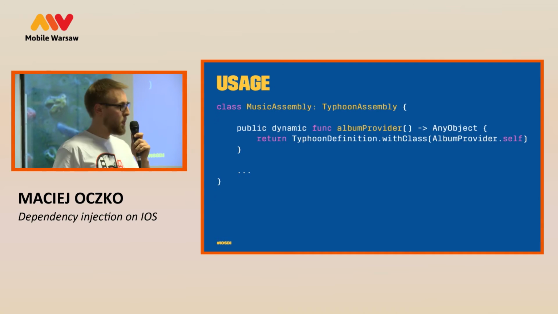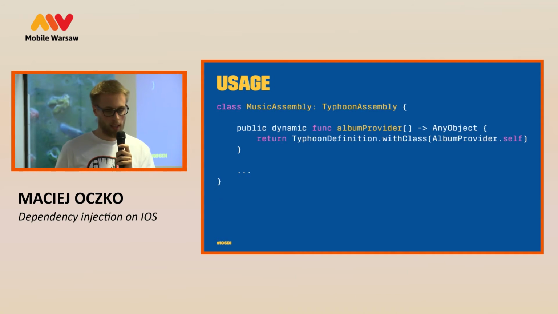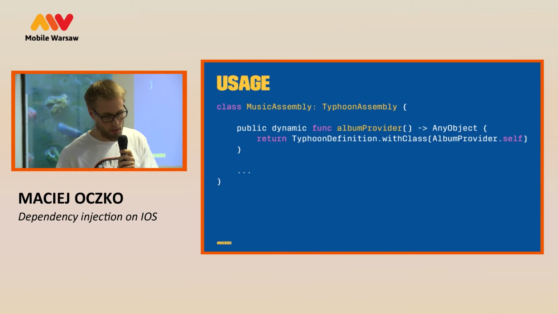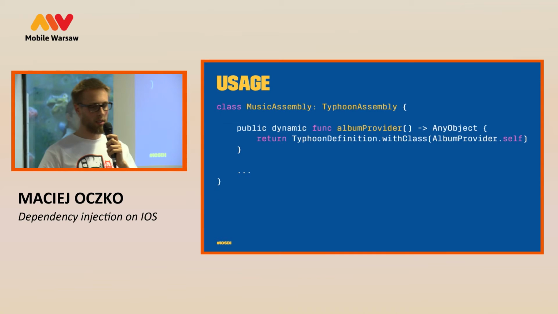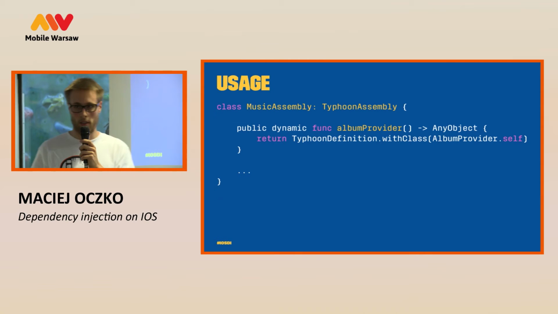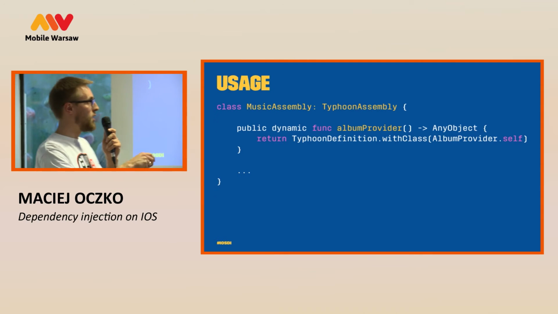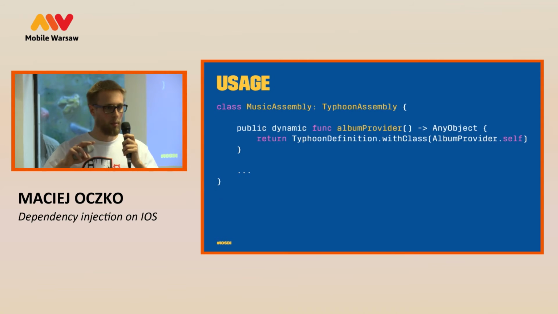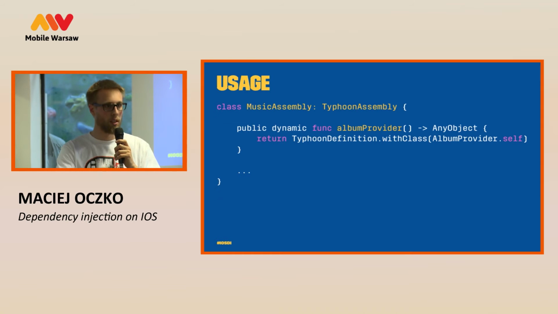There is a lot of runtime underneath. Basically, what Typhoon does on application startup is search through all assemblies, find all methods that you have provided here, and invoke them, so all definitions are created. And definitions are simple scenarios of how to finally build your objects.